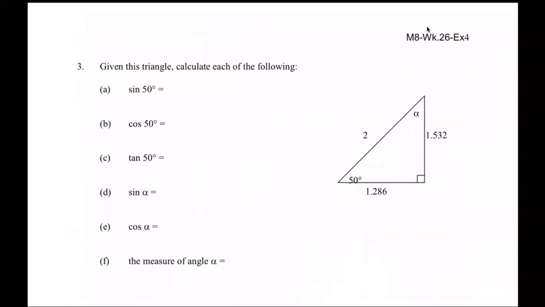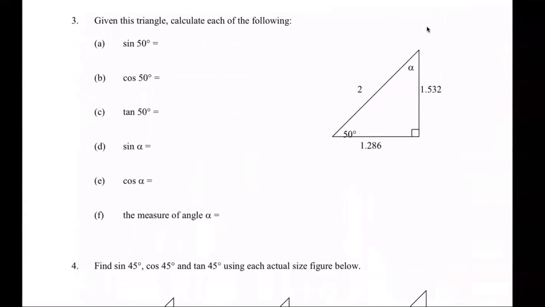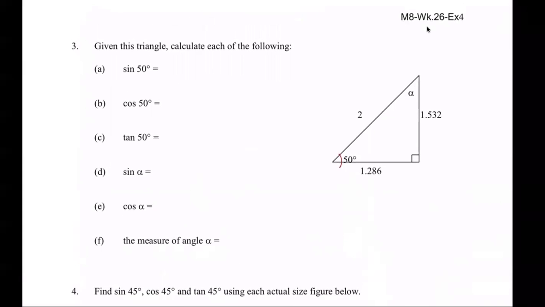Okay, so given this triangle, calculate each of the following. So this is 50 degrees, okay? And the question says, given this triangle, calculate each of the following.